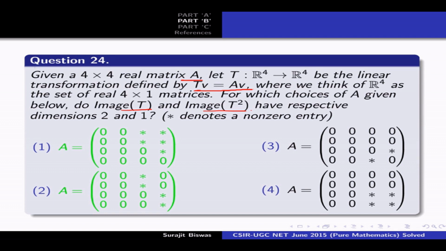Now as we can already see, for each A given in these 4 options, the dimension of image of T is equal to 2 for this and this.